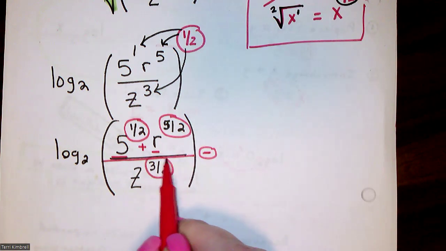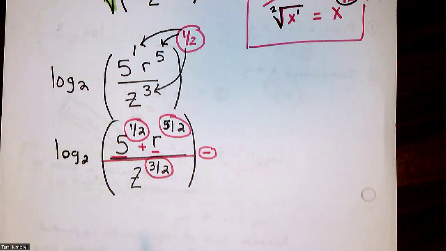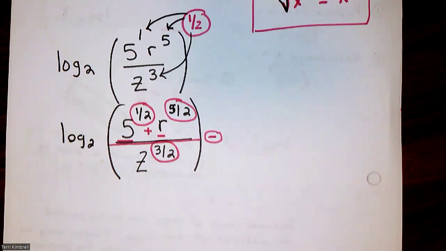And this exponent is going to drop in front of this variable z. So it looks like we're going to have the log word written 1, 2, and then 3. So I'm thinking about 3 times as we expand this.